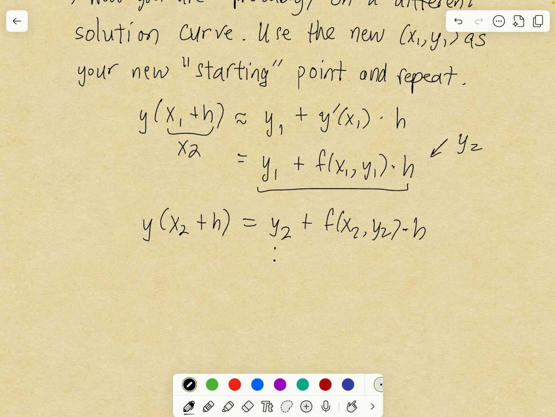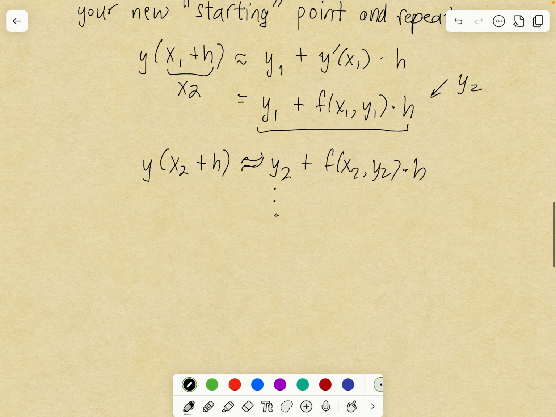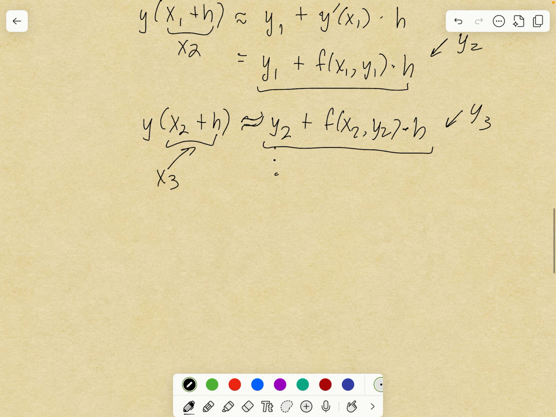And this is equal to y3, and that's your x3. So now you have x3, y3, and then you keep going as many times as you need to get the value that you're looking for.